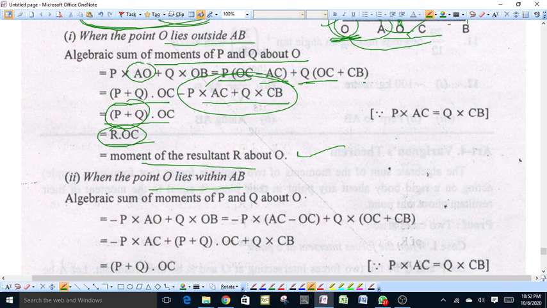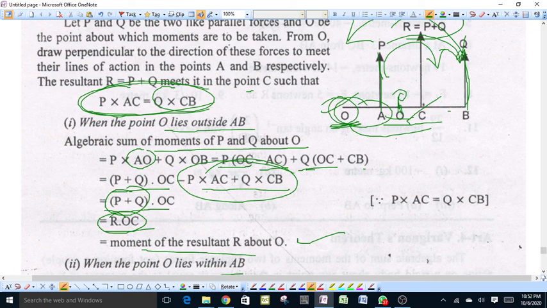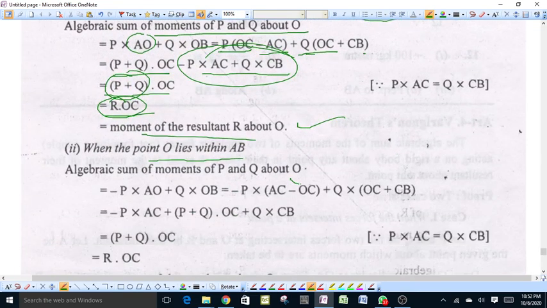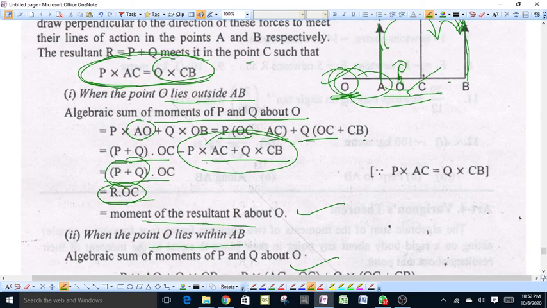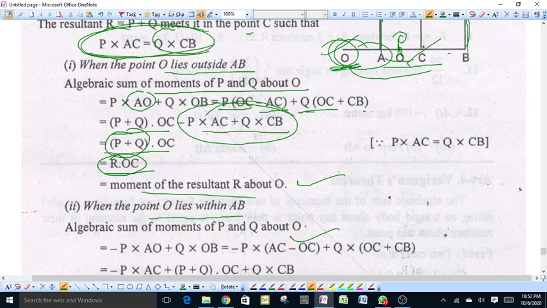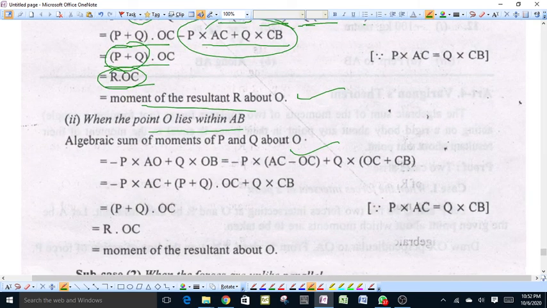This will be equal to minus P into AO, which can be written as AC minus OC, and OB will be equal to OC plus CB. This will be equal to minus P into AC plus P plus Q into OC plus Q into CB.